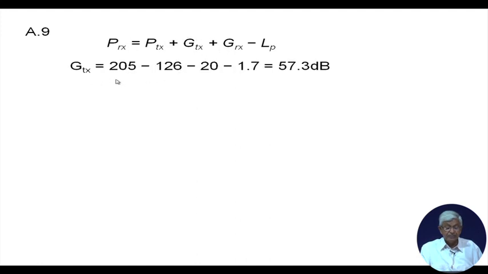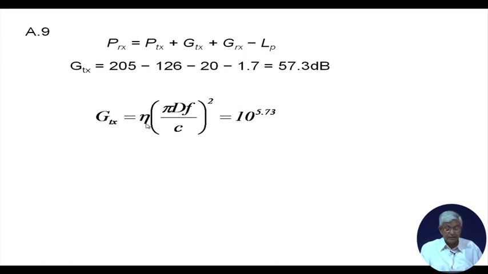So, you just change the sides: path loss becomes positive and all others become negative. So, 205 minus 126, which is received, minus 20, minus 1.7 dB, the receive antenna gain, gives 57.3 dB, that is the transmit antenna gain.